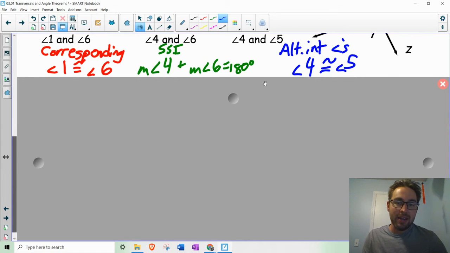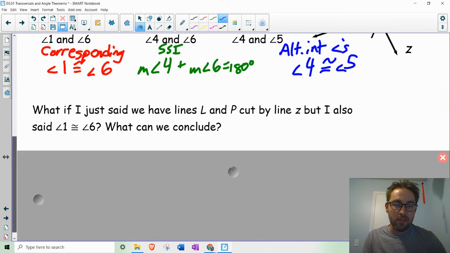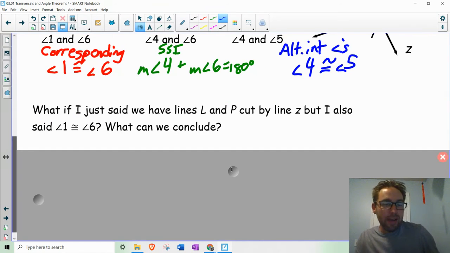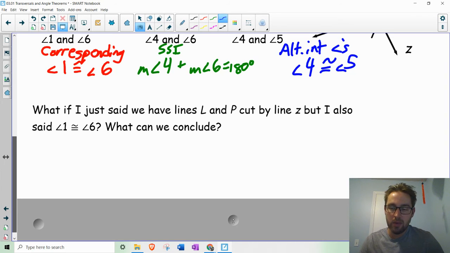But what if I went in reverse? What if I just said that we have lines L and P cut by line Z, but I also said angle 1 was congruent to angle 6? What could we conclude?